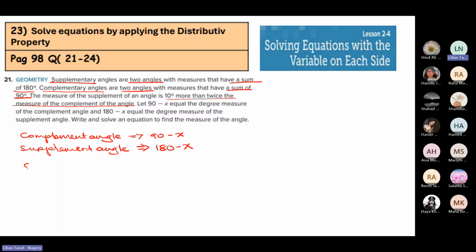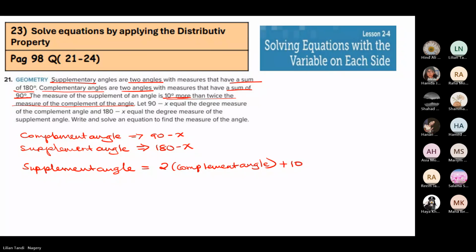It says here the supplement angle equals twice the measure of the complement angle, twice complement angle, and 10 more. 10 more means plus 10.